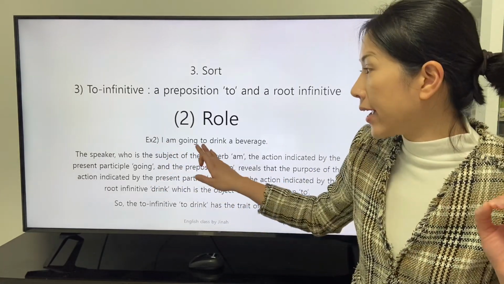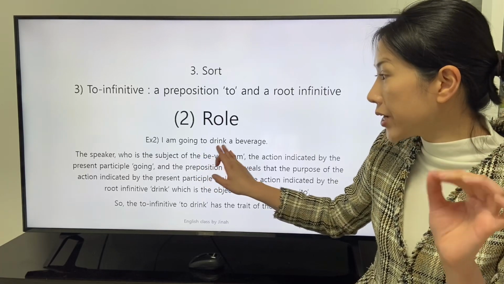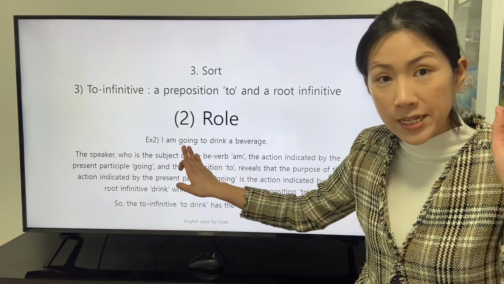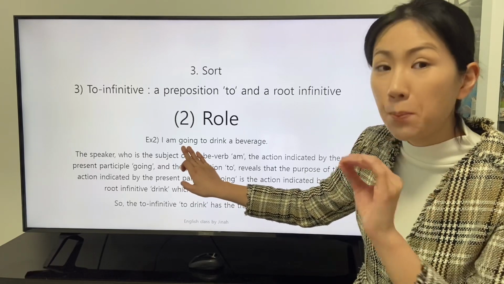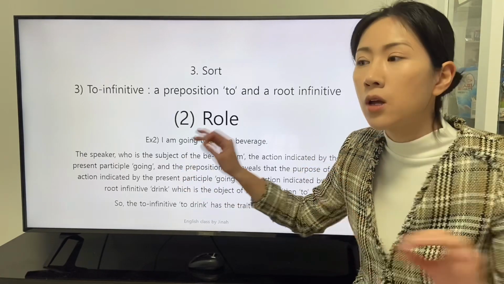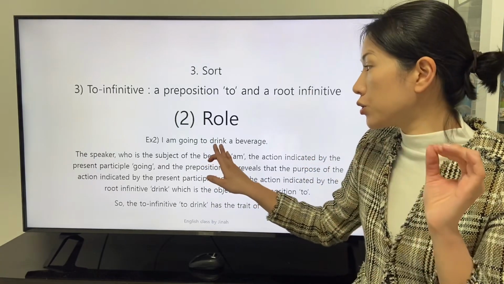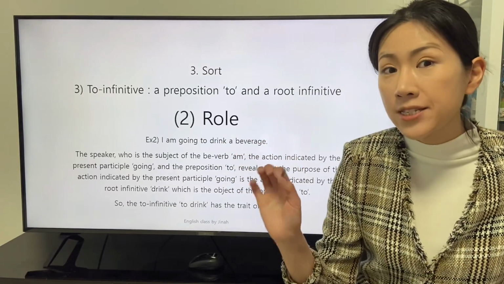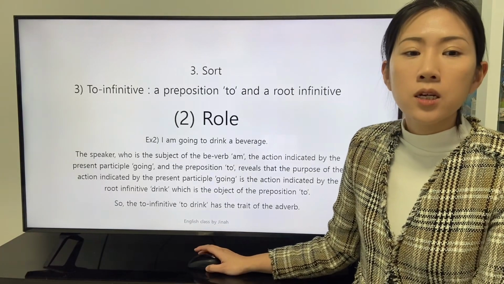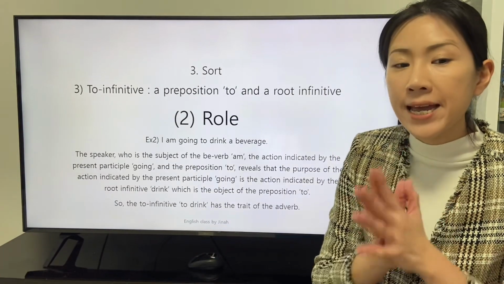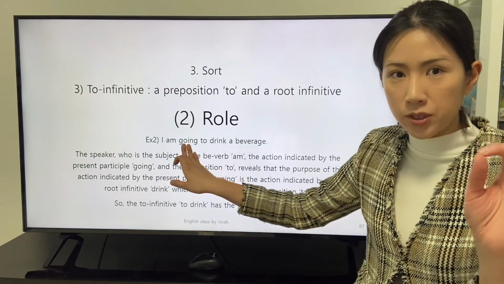The fact that the phrase of the to-infinitive to drink a beverage describes the descriptive word going, that is a present participle as an adverb, means that the phrase of the to-infinitive to drink a beverage has the trait as an adverb. So the to-infinitive to drink has the trait of the adverb to describe another description.